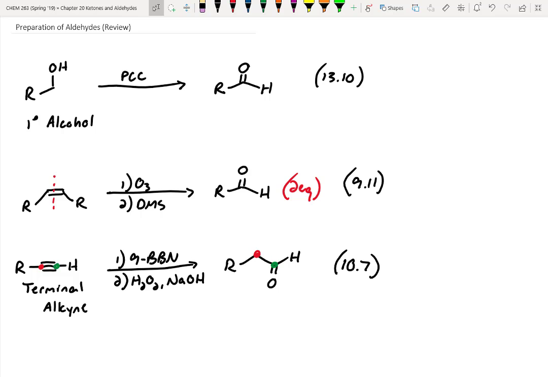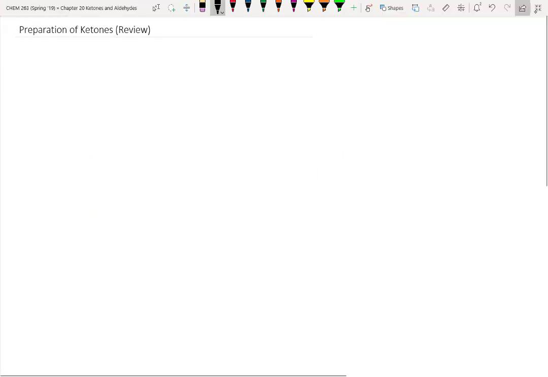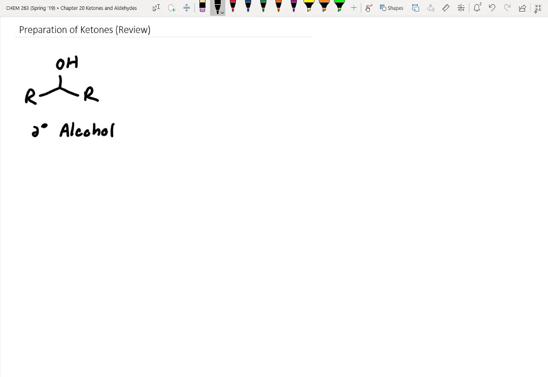All right. Similarly, we saw a lot of reactions where we prepared ketones, so let's go back and review those really quick. With ketones, I kind of gave this away before. If you have a secondary alcohol, we can oxidize this all the way to a ketone.